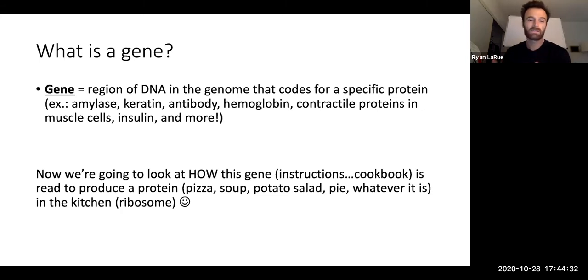That's where protein synthesis occurs. We learned about that a few weeks back when we talked about organelles. Today we're going to be focusing on how we read the gene, how the cell will read the DNA and decode it to make that specific protein in the ribosome of the cell.